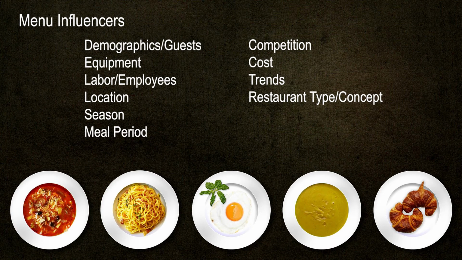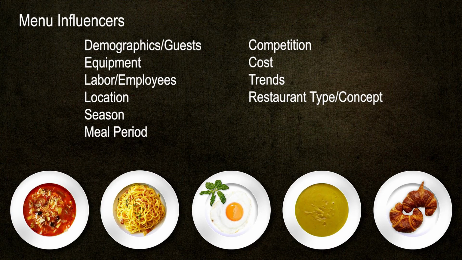Okay? And some other things like seasonality, cost, meal period. All of those things would definitely affect how you want to plan your menu, right? So people want different things at a different time of the year.